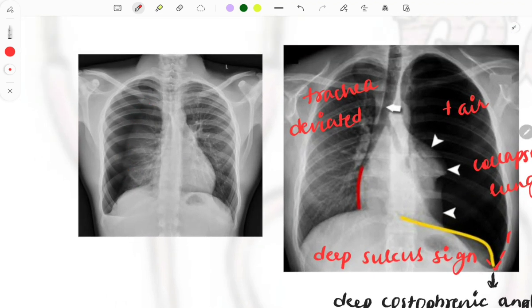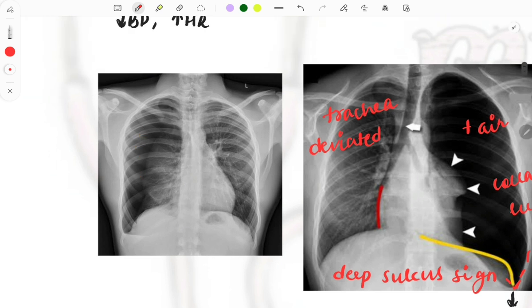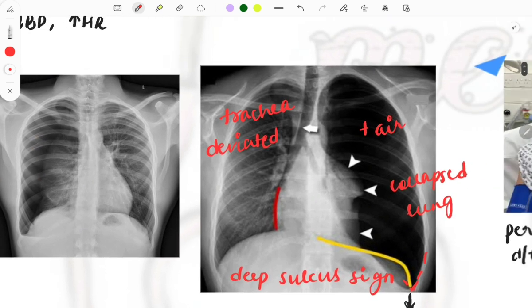As you can appreciate here, this is the white line seen here, and this is the lung which has collapsed, and this accumulation of air here gives a brighter, darker appearance. Here it is normal, you can also see the lung markings, but here you cannot see the markings. So this is the x-ray of pneumothorax.